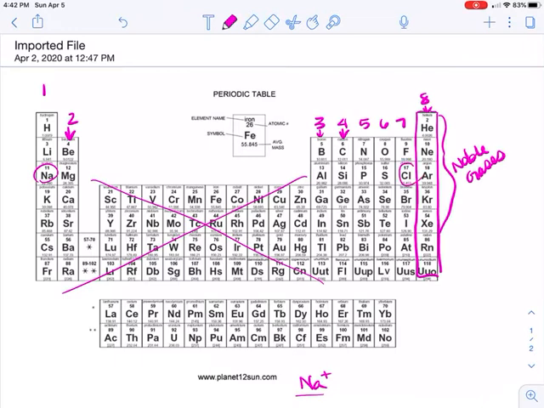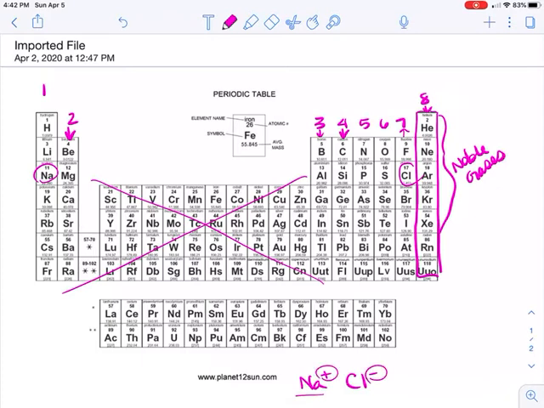If we come over here to chlorine, how many electrons does it have in its outer electron shell? Well, it has 7, because it's in the 7th group. How many does it want to have to be like a noble gas? It just needs 1 more. It just needs to gain 1 electron. So if it gains a negative, just 1 negative, then it becomes -1.